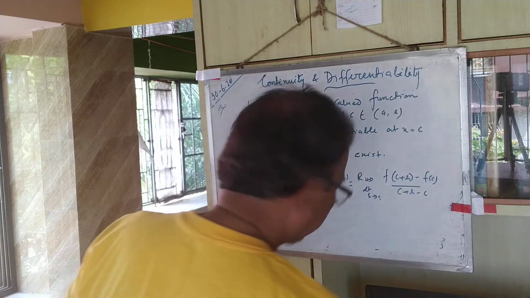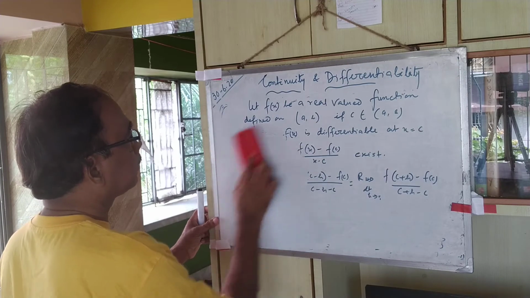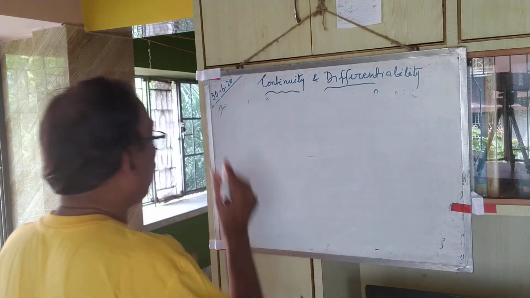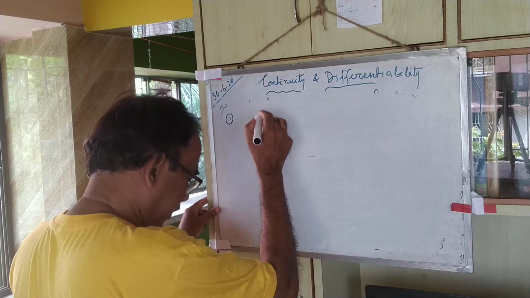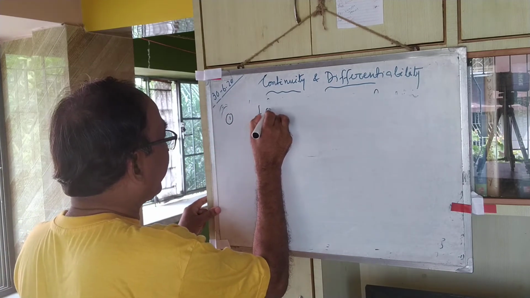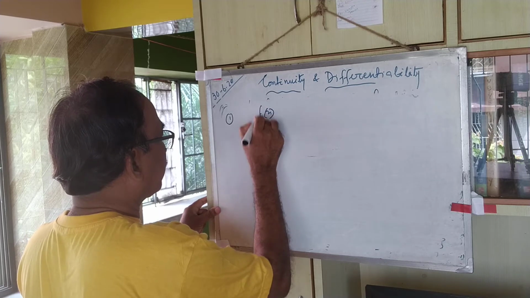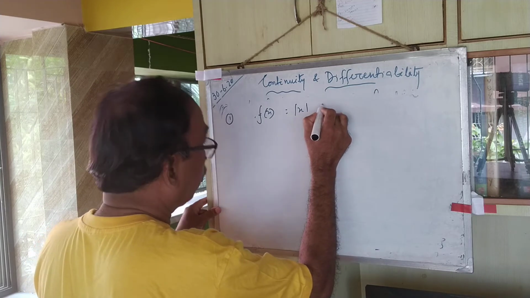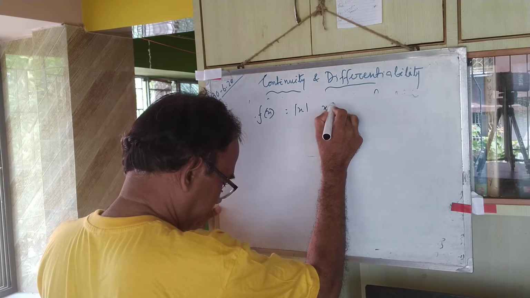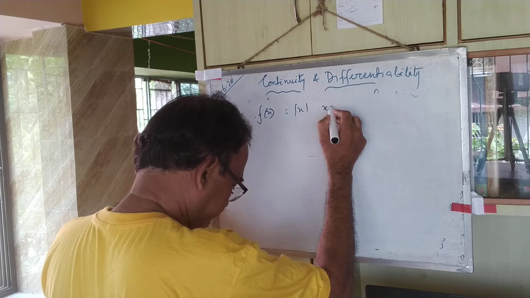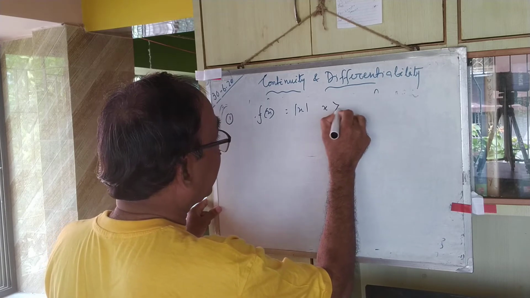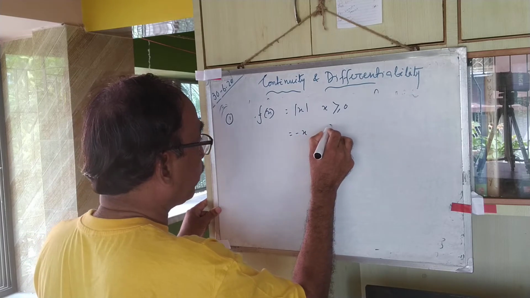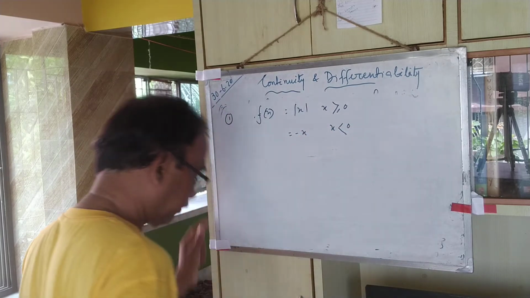Let us do the first sum. Sum number 1. Here f(x) equals mod x, when x is greater than or equal to 0, and equals minus x when x is less than 0.